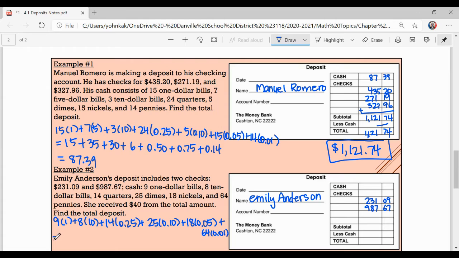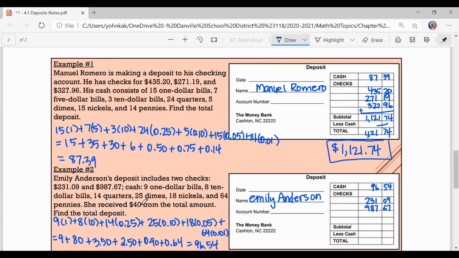All right, so that is 9 plus 80 plus 250, plus, 350, my bad. 14 quarters is 350. 25 dimes is 250. 18 nickels is 90 cents. 64 pennies is 64 cents. Altogether, that's $96.54. So I can put that over here on the cash.